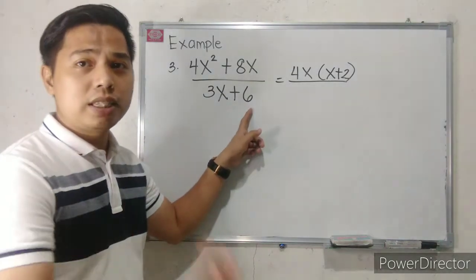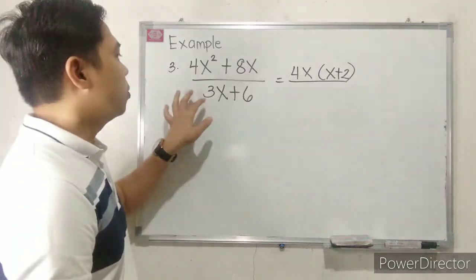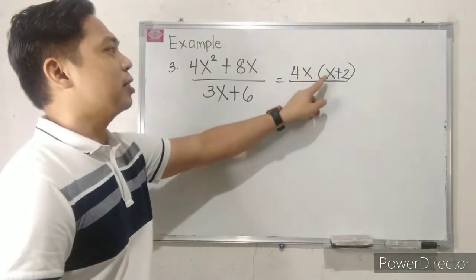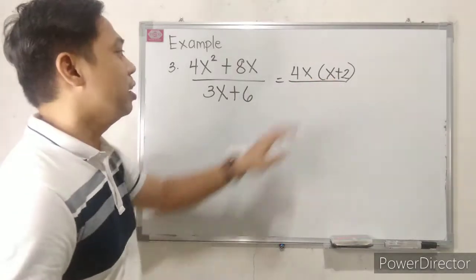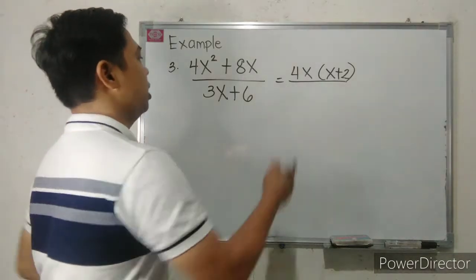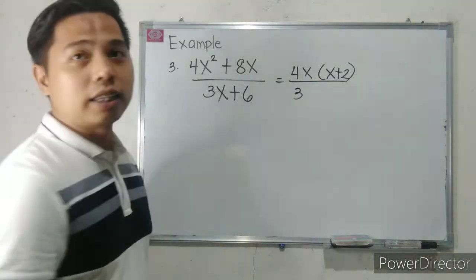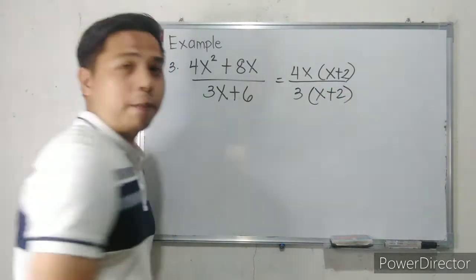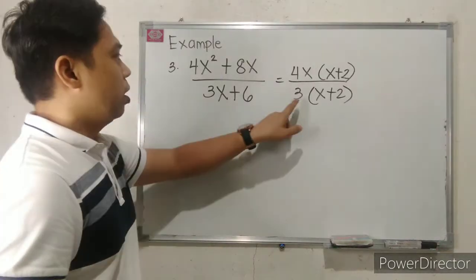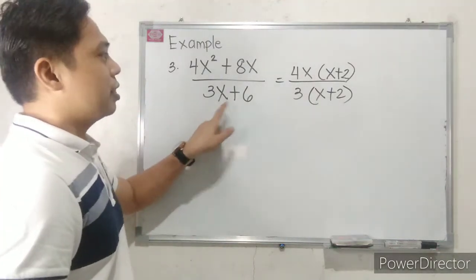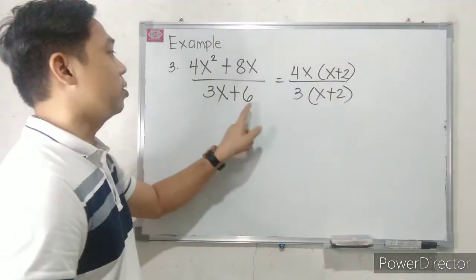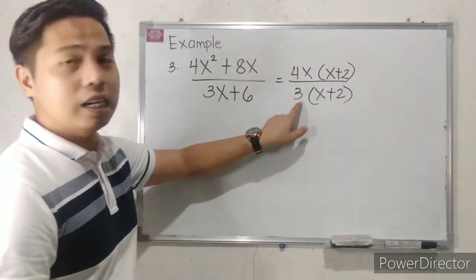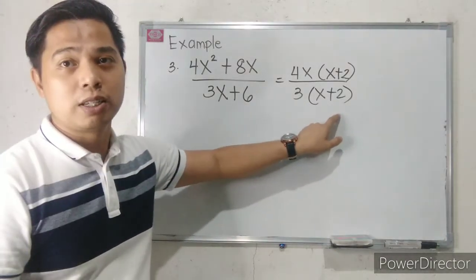To simplify it faster, let's also get the factor of 3x plus 6. Just like the 4x times x plus 2 in our numerator, we can factor it as 3 times x plus 2. Okay? So, 3 times x is equal to 3x and 3 times 2 is equal to 6. That is why the factor of our 3x plus 6 is equal to 3 times x plus 2.